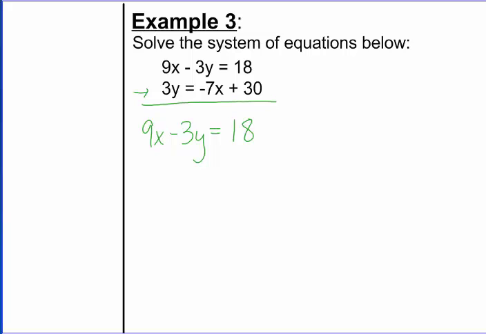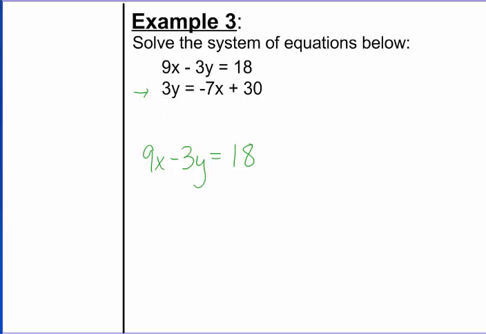When you rearrange, you have to use the same methods that we use when we're solving an equation to move things around. So I want the x to go on this side. To get it on that side, you have to do the opposite. Since it's negative 7x, you're going to add 7x. It has to cancel out on the right before you can put it on the left.